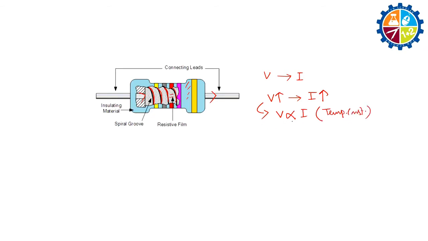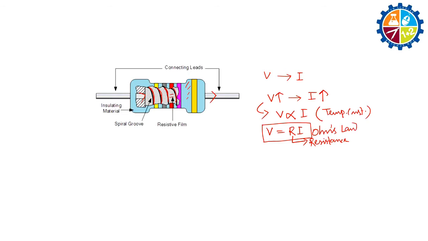To remove this proportionality, I need a constant. So I can write V equals R times I, where R is nothing but resistance, and this equation is known as Ohm's law.